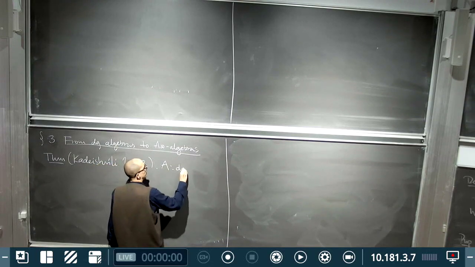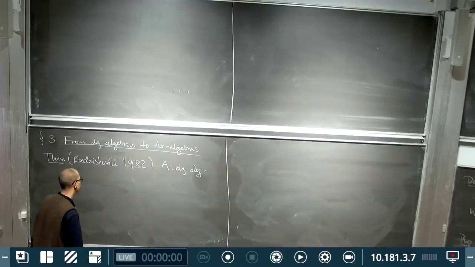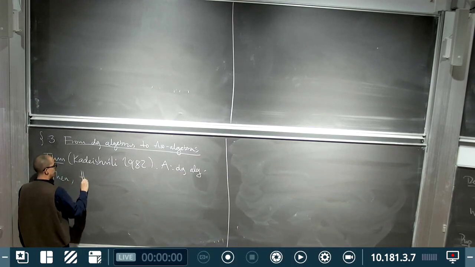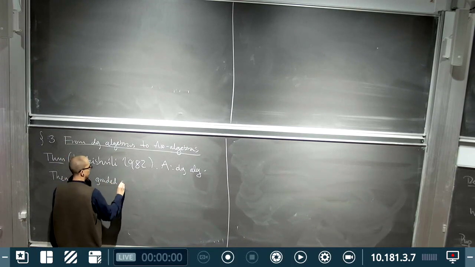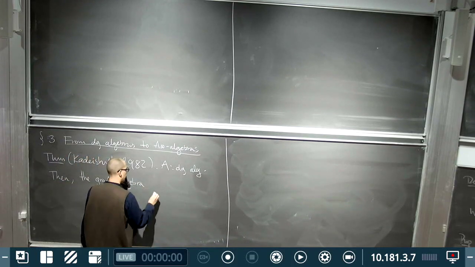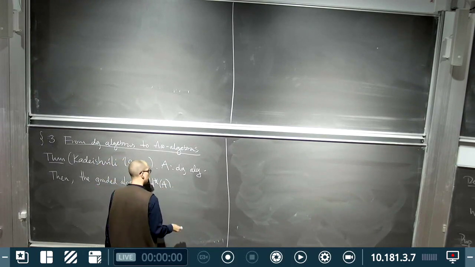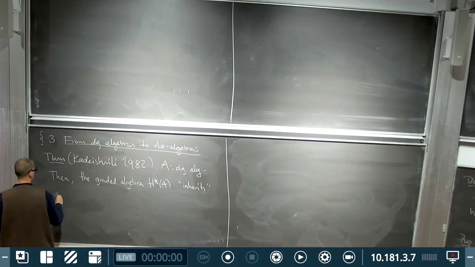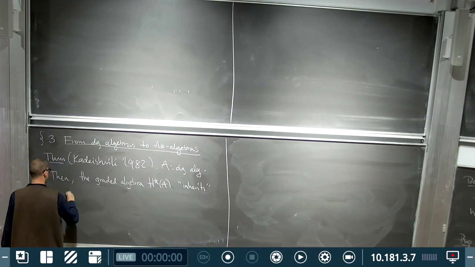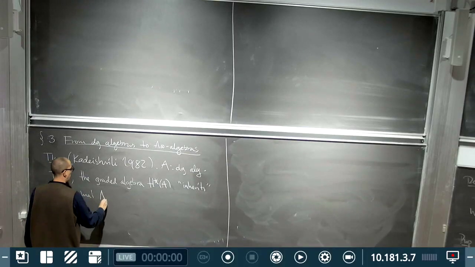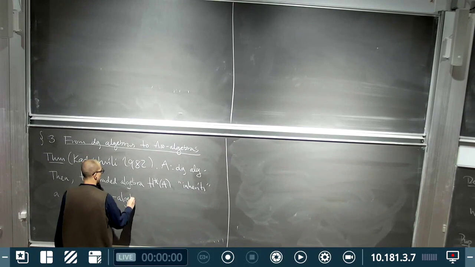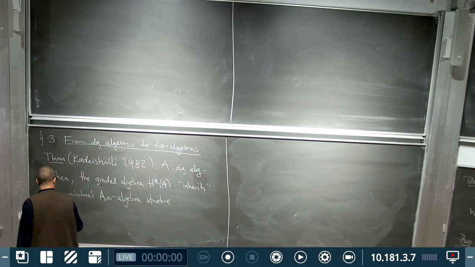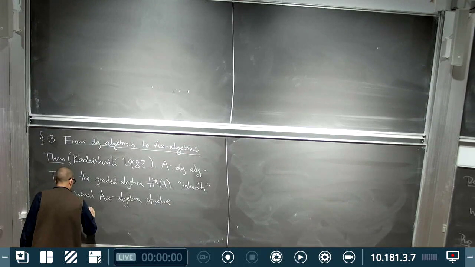If I have A, a DG algebra over my base field K, then the graded algebra given by its cohomology inherits a minimal A infinity algebra structure given by a collection of maps.